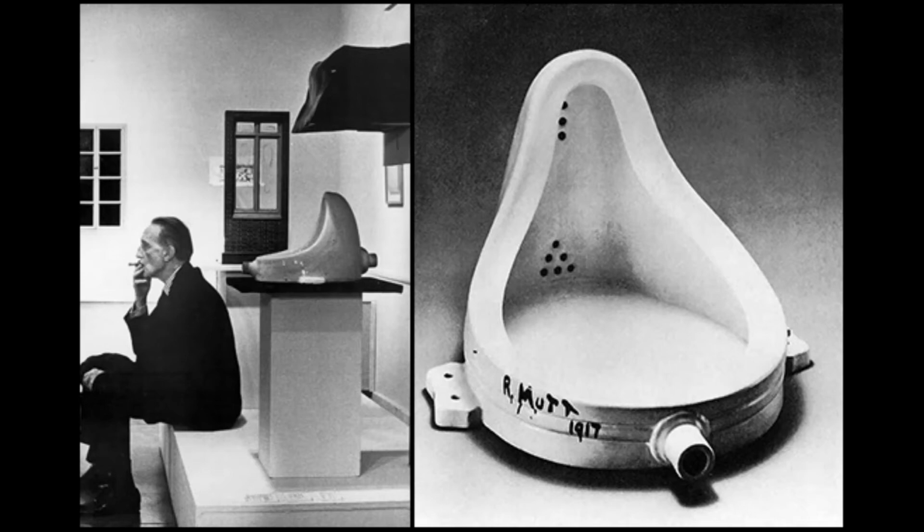Duchamp wanted his art to be more than visual, and he actually ended up criticizing his contemporaries for this. He thought that they were too retinal. He wanted them to be more conceptual, and he thought that having art be too visual was hindering what it could potentially be used for.